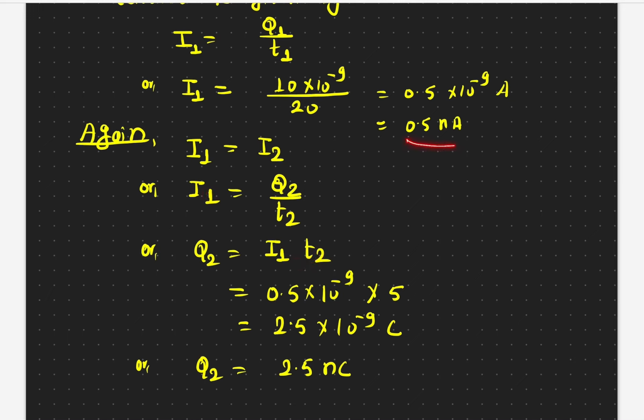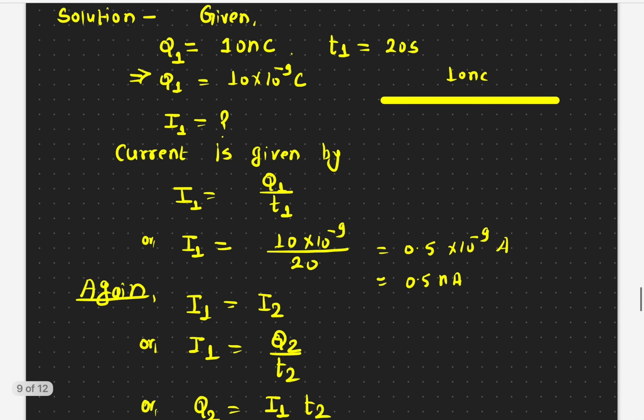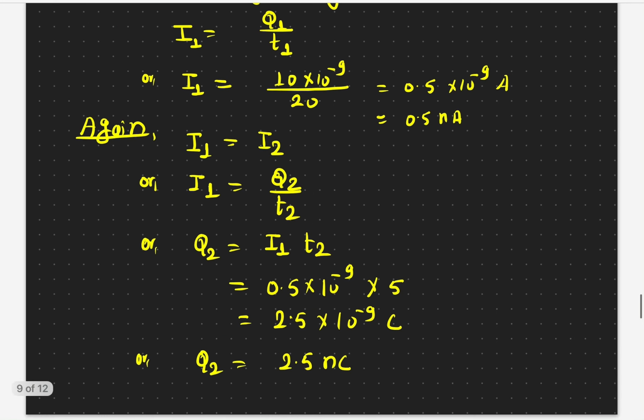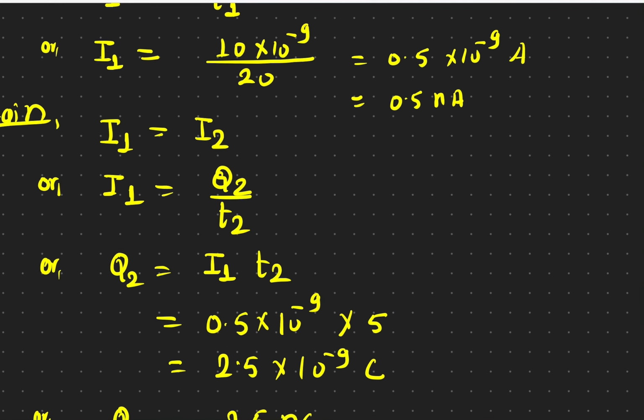We already found the current, 0.5 times 10 to the negative 9, and the time here is 5 seconds. So if I solve the math, what I will get is 2.5 times 10 to the negative 9 coulomb, which is 2.5 nanocoulomb.